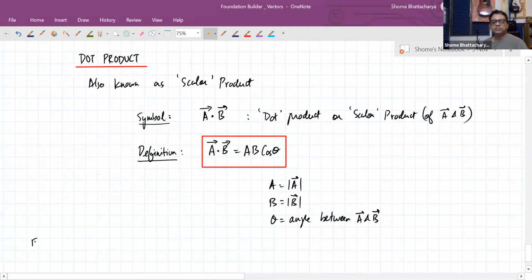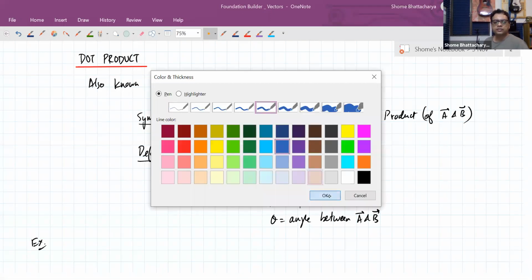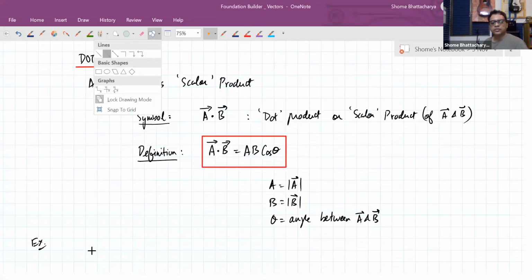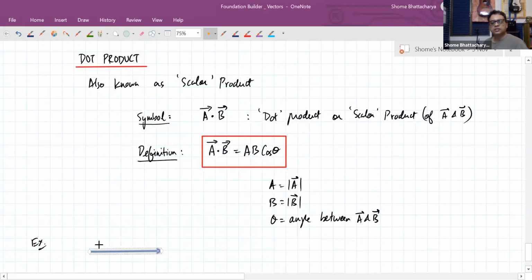Okay. So as a simple example, suppose we have two vectors which are shown to us like this. Say this is vector A. It has a magnitude of 10, and this is vector B, and it has a magnitude of, let's say, 12, and the angle between them is 60 degrees. So then A dot B will become magnitude of A into B into cos theta.